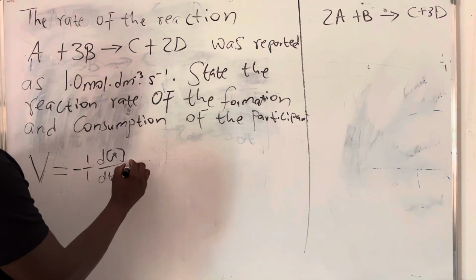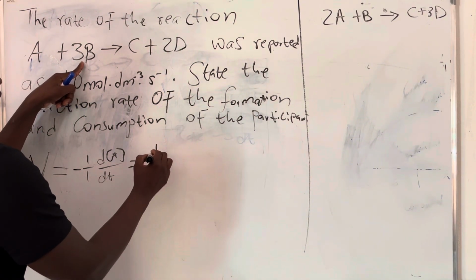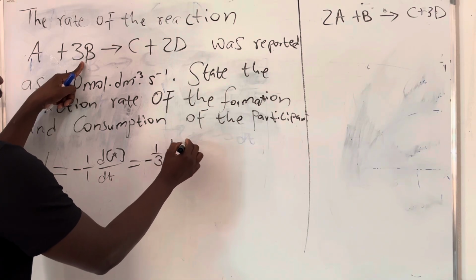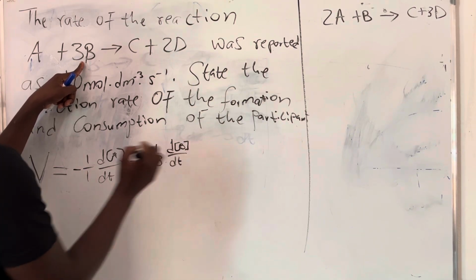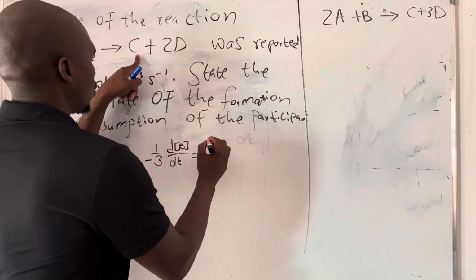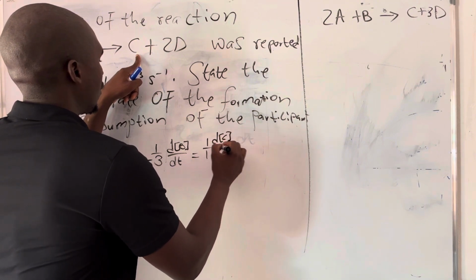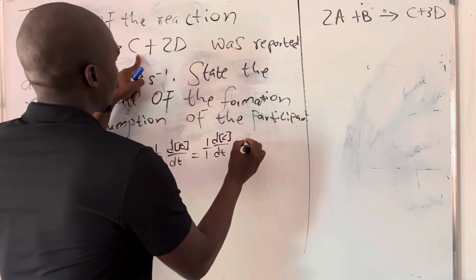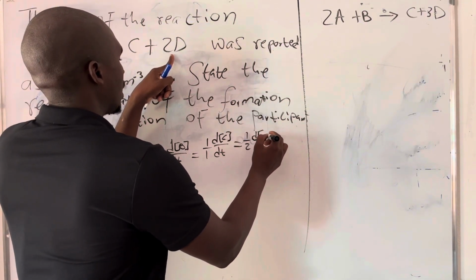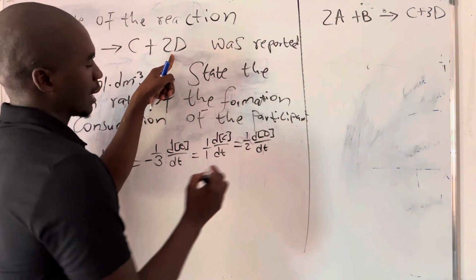Then this also should be equal to, what about for this one? It's going to be negative 1/3 dB over dt, right? What about for this one? It's still going to be equal to 1/1 dC over dt, which is also going to be equal to what about this one? 1/2 dD over dt, like that, right?